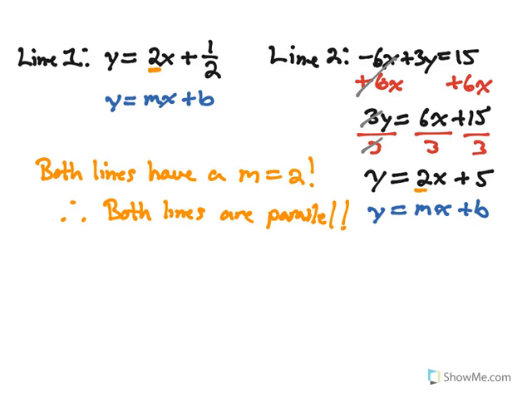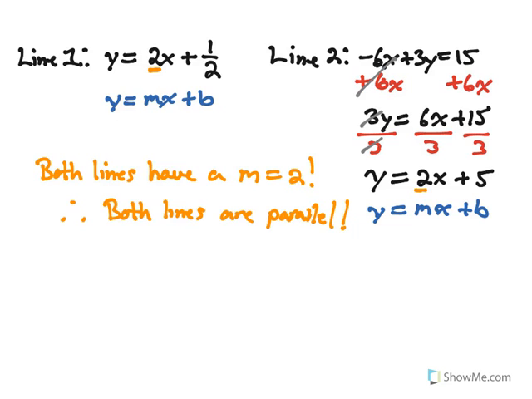Okay, they're parallel to each other. All right, so if you have an equation that's not in the mx plus b form, go ahead and do a little algebra, manipulate it, get it into that form. And that way you can clearly see the two slopes, you compare the two slopes, and then you can make a decision on whether they're parallel or perpendicular or neither.